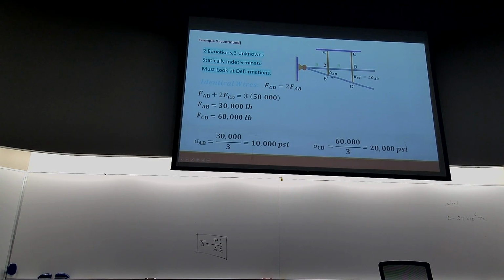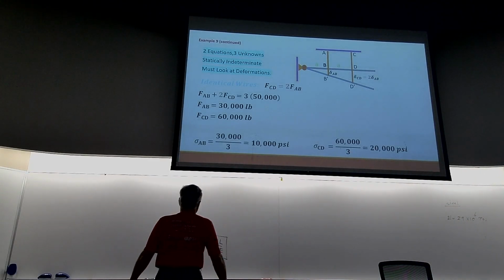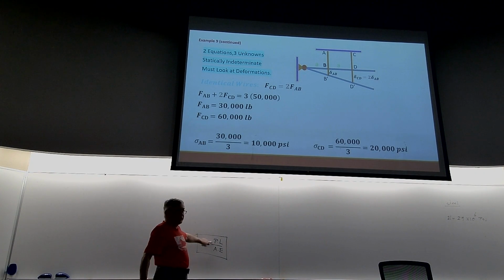Do you agree with that? Same angle, same tangent. So delta AB divided by lowercase a is equal to delta CD divided by 2a. So delta CD is twice as big because deltas are directly proportional to the force.